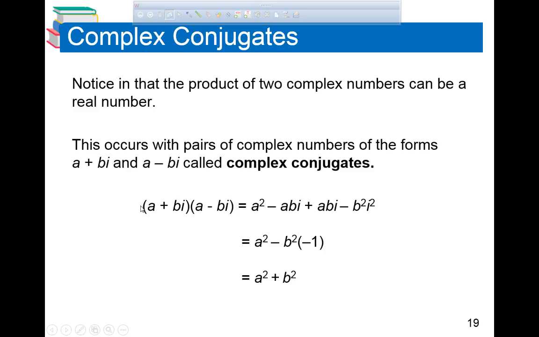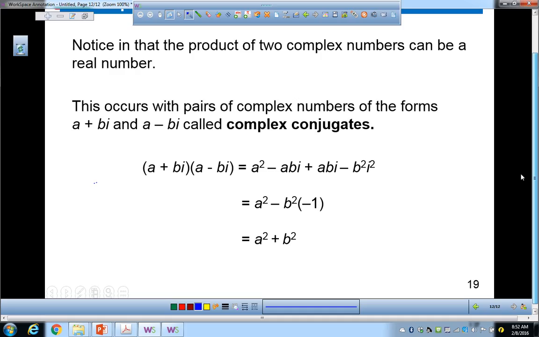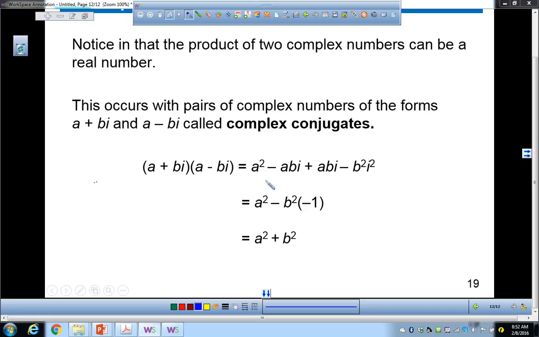Complex conjugates, I just talked about that. A plus bi times a minus bi makes things disappear. Okay? So you can remember this formula if you want. A plus bi times a minus bi, the middle terms disappear, and you're left with a squared plus b squared.